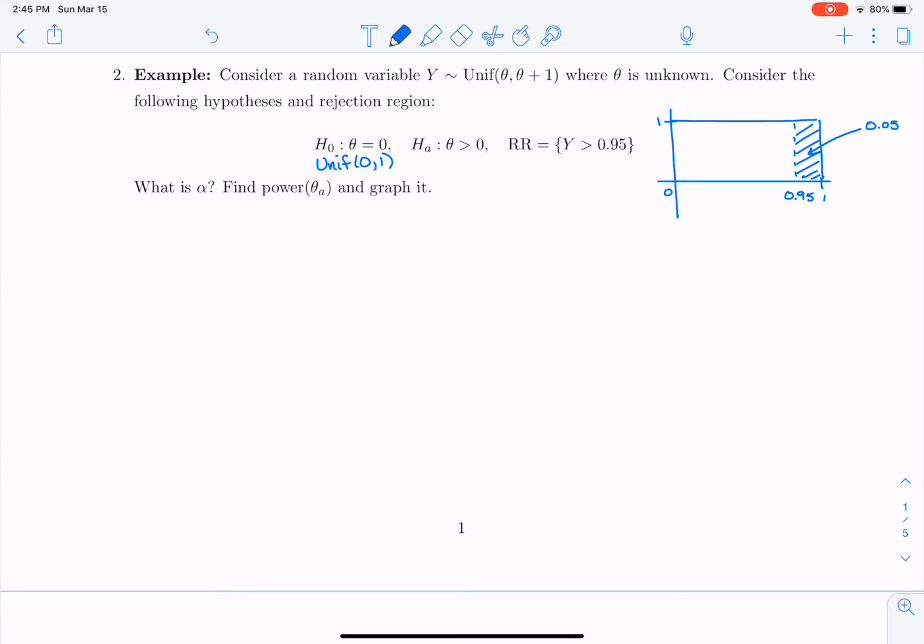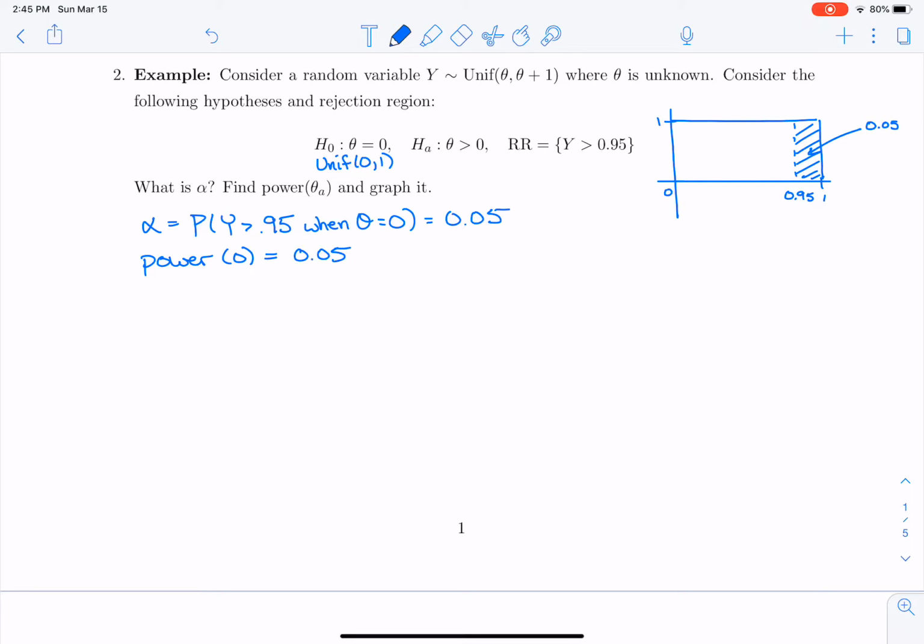So alpha in this sense is the probability that y is greater than 0.95 when theta is 0. And we just said that that probability is 0.05. So that means that the power of 0 as an alternative is 0.05.